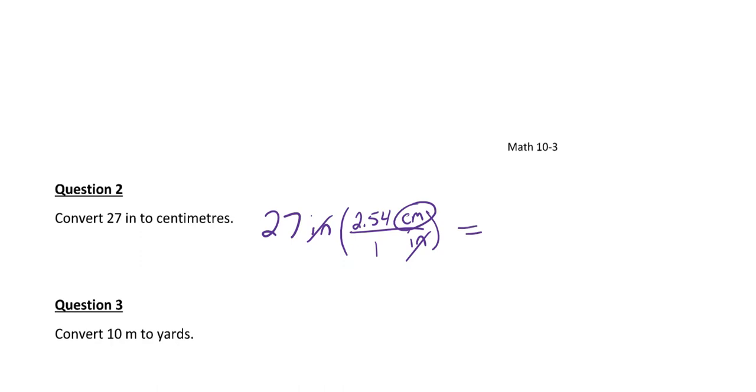And then whatever that is, anyone know that one yet? 63.18. Yep. And then you might see that maybe the answer is 63.2, right? Just rounding the 8 up to a 2. Or even in this case, you could just say that was 63 centimeters.